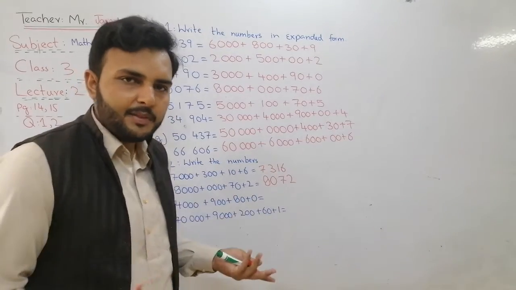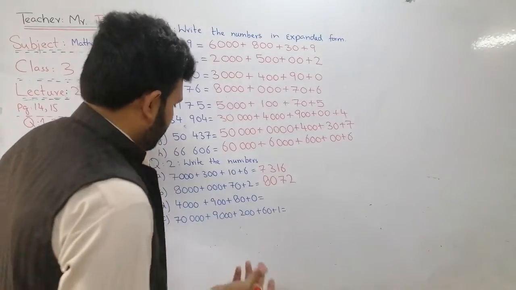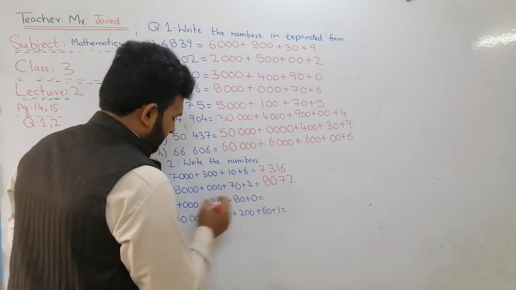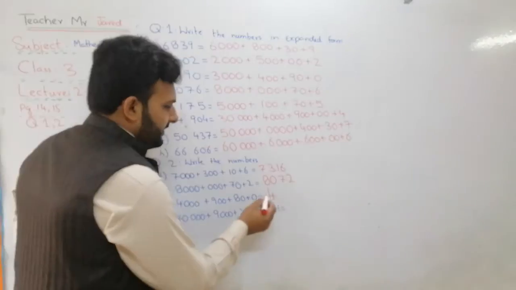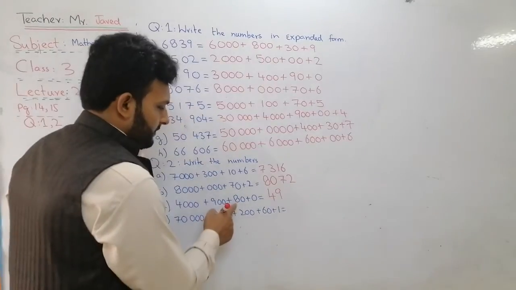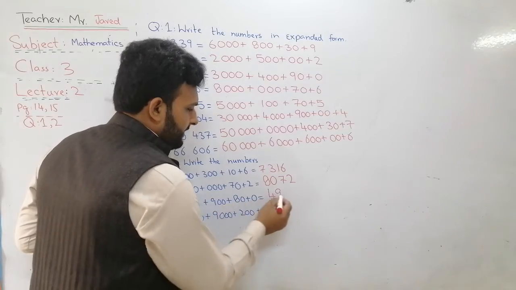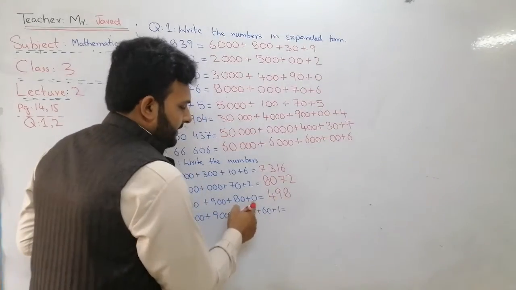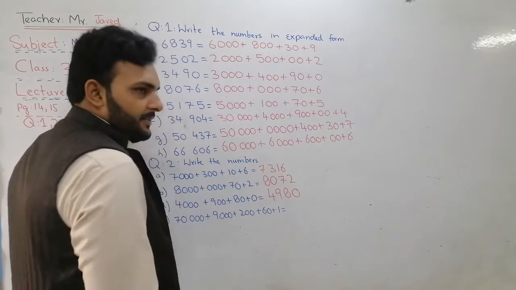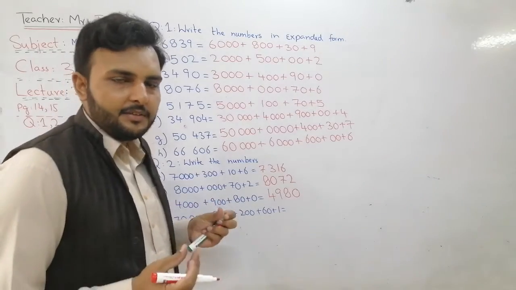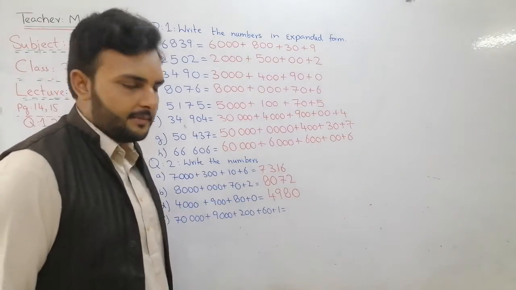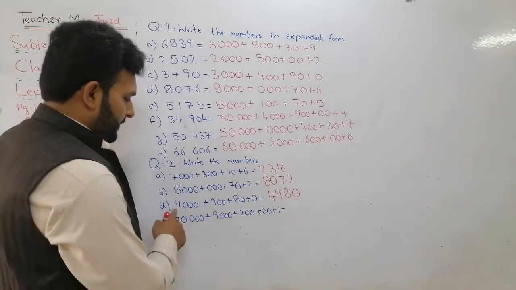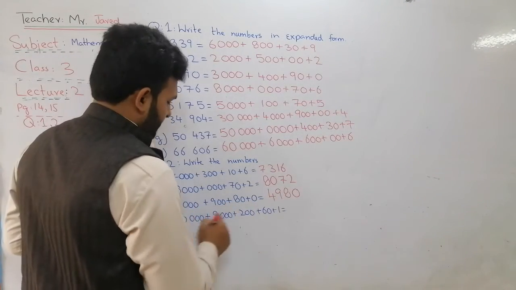Just combine these places and you will get the number. Okay, thousands place is 4, hundreds place is 9, tens place is 8, ones place is 0. After combining the place values, you will get the number. Okay, 4, 9, 8 and 0.